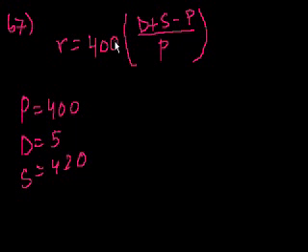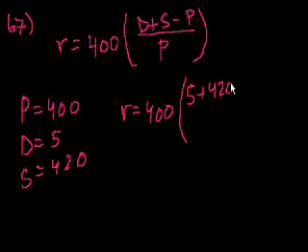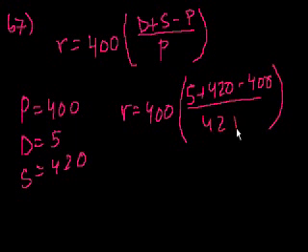What was the yield of her investment according to the formula, assuming she paid no commissions? Well, we just substitute in. So the yield would be equal to 400 times 5 plus 420 minus 400, right? P is 400. All of that over 420.